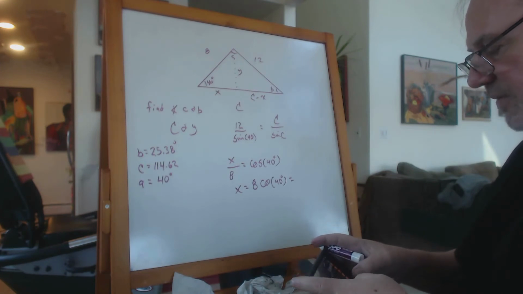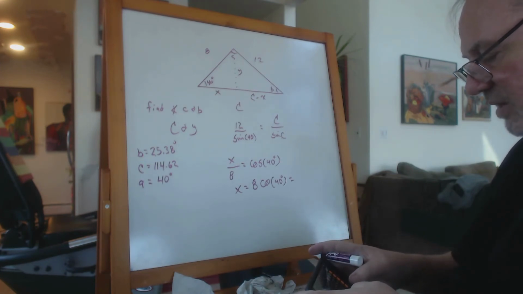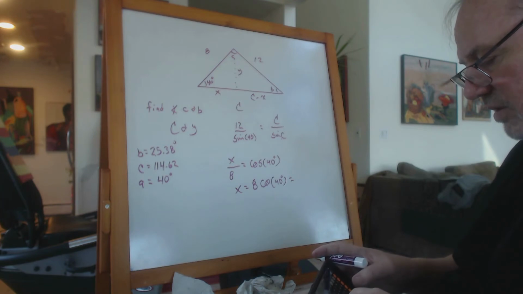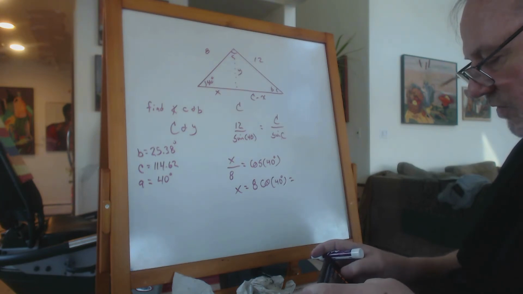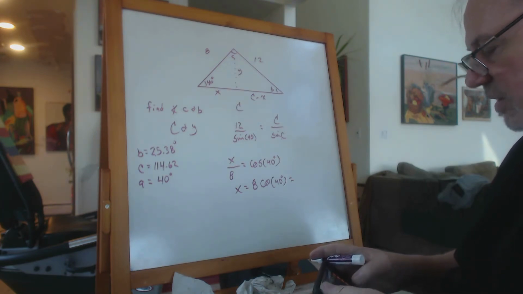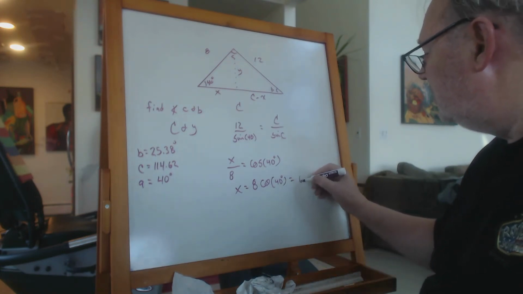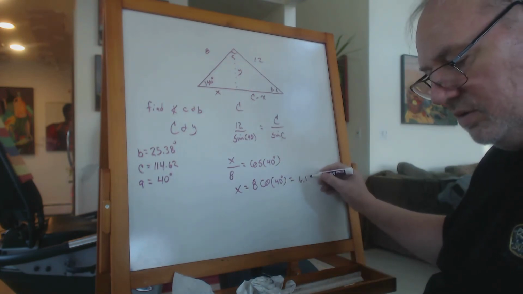and that's equal to 8 times cosine 40, which equals 6.13.